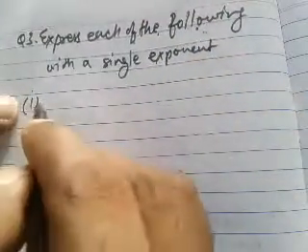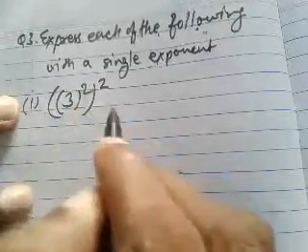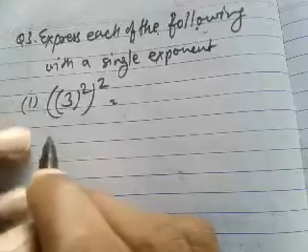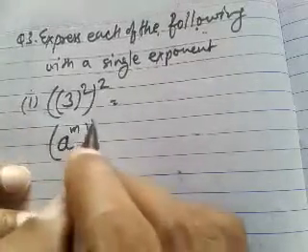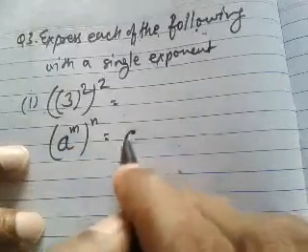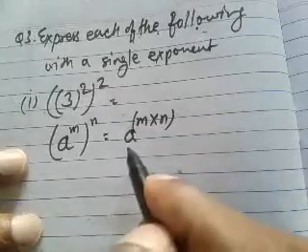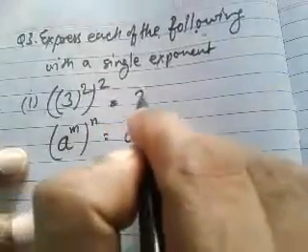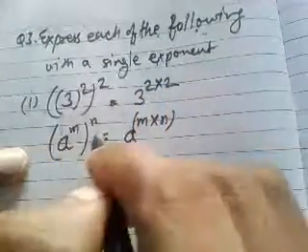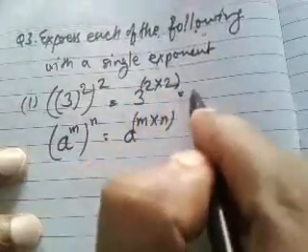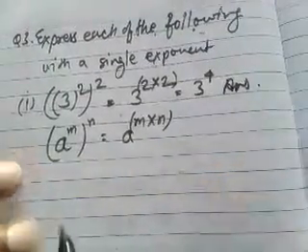So first question is 3 raised to the power 2 and its power also 2. So it resembles the law a raised to the power m and its power n. So we can write a raised to the power m multiply n in this way. So answer will be 3 raised to the power 2 multiply 2. So 3 raised to the power 4 as our answer.